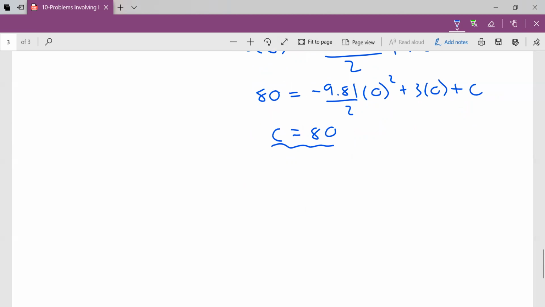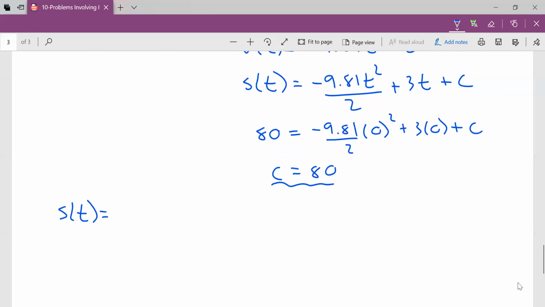Our only position function, I should say, is going to be negative 9.81 divided by 2, which is negative 4.905 t squared plus 3t plus 80.